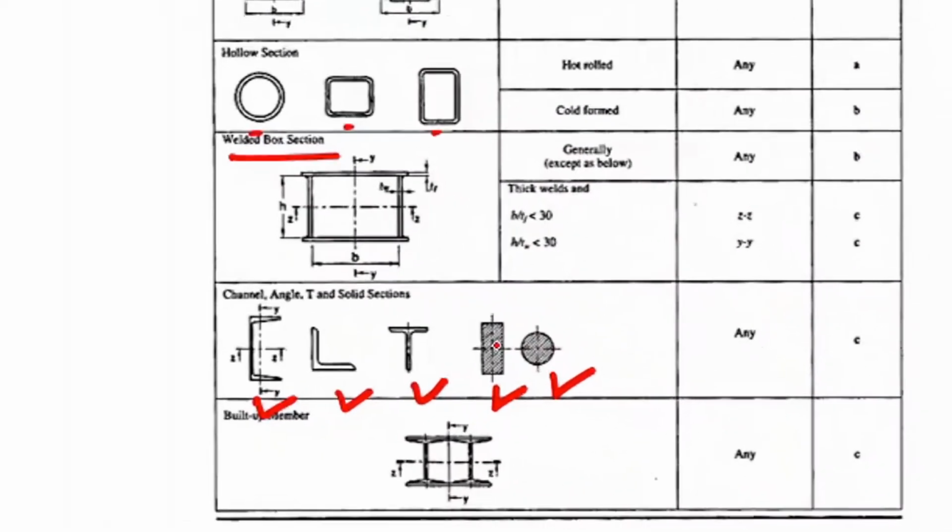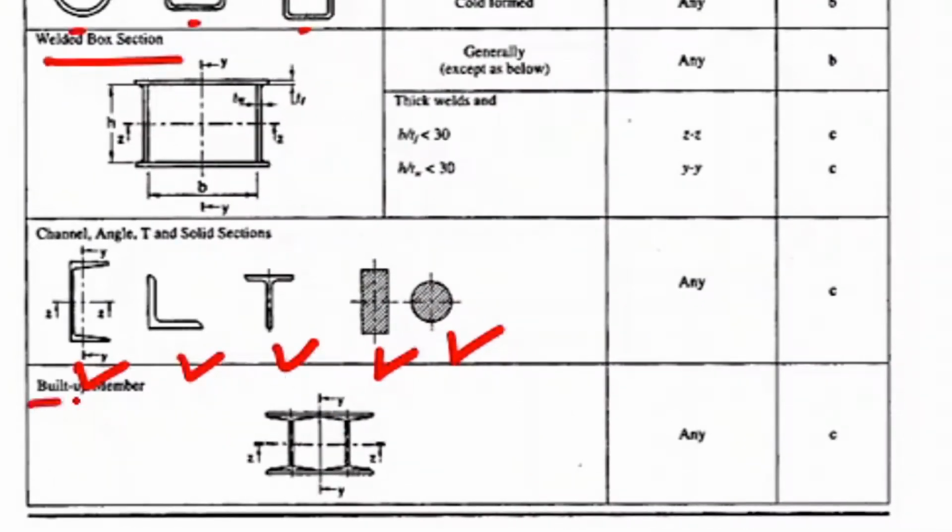If you go back to Table 10, buckling class of cross sections, in IS 800:2007, ours is not a rolled I section, not even a welded I section. It is not a hollow box or rectangular section. It is not a welded box section. And it is not a single channel, single angle, single T, solid plate or solid circular section. Our section is a built-up section, a built-up member.